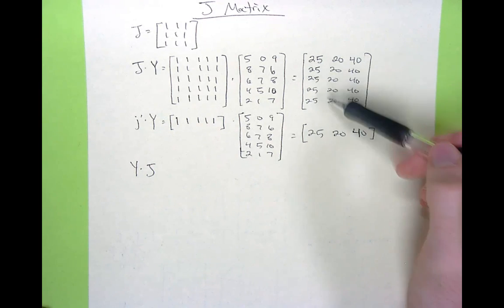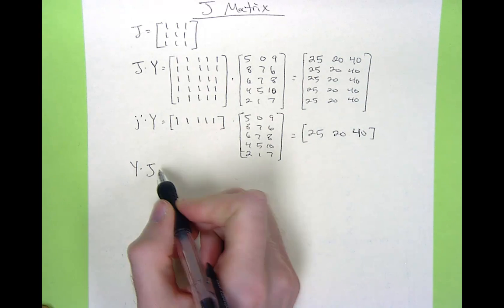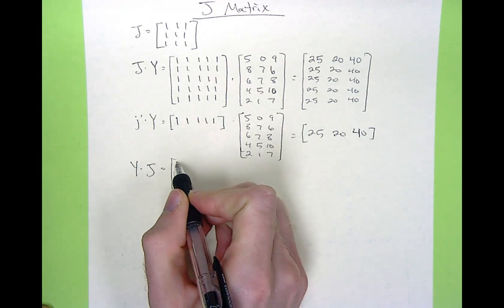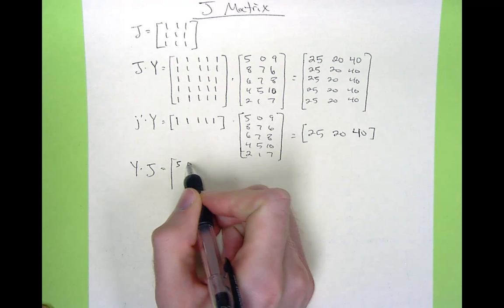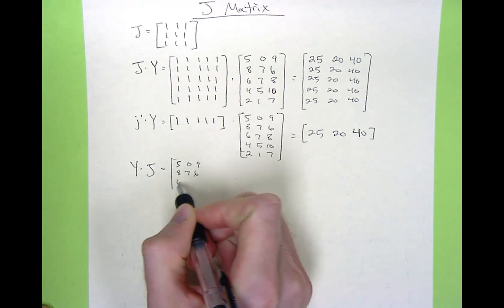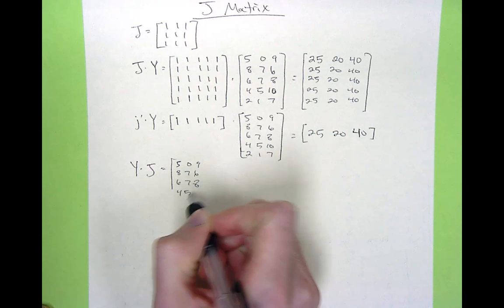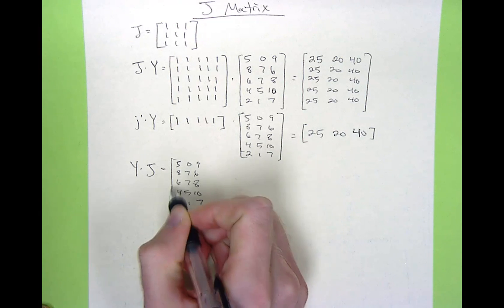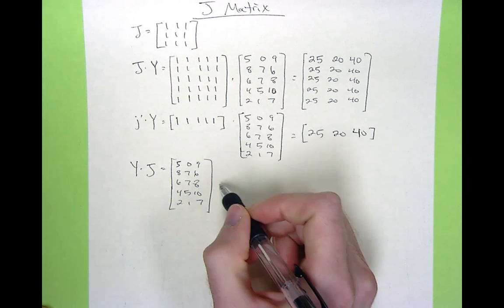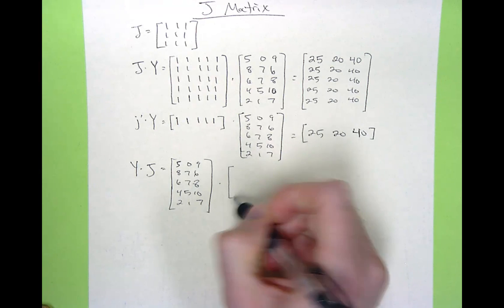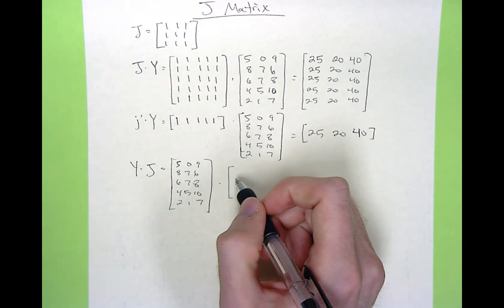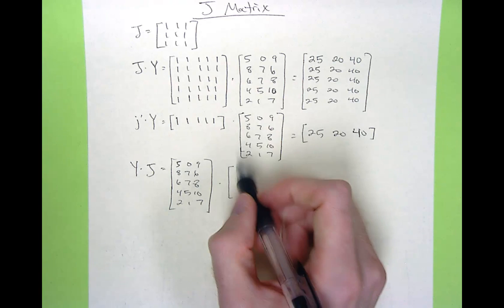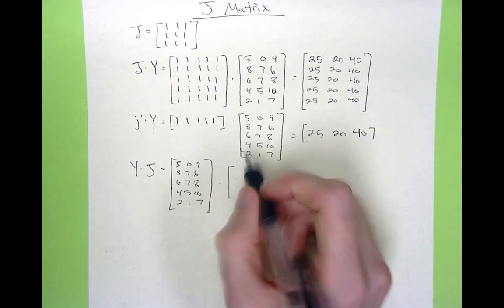So it's very similar to this, just the other way around. Y is 5, 0, 9, 8, 7, 6, 6, 7, 8, 4, 5, 10, and 2, 1, 7. We're going to do a 3 by 3 in order to get another 5 by 3 matrix.